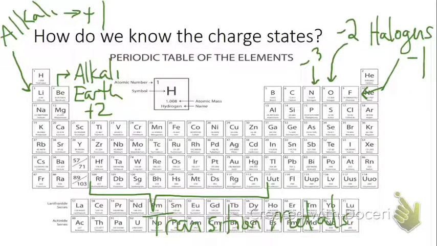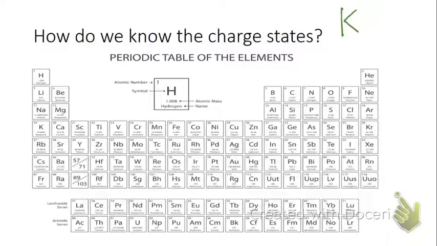So let's look at a compound. Let's look at potassium oxide. Is this drawn correctly? Well, let's check. Potassium is here, and we know it adopts a +1 charge. Oxygen is here, but we know that it adopts a -2 charge.